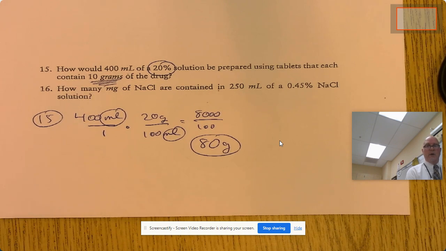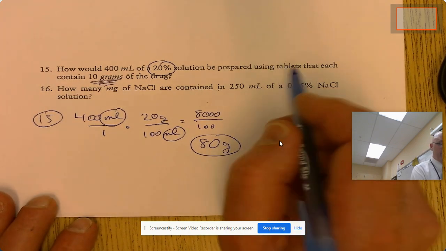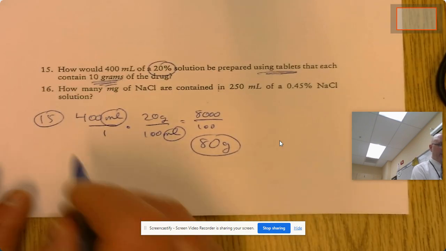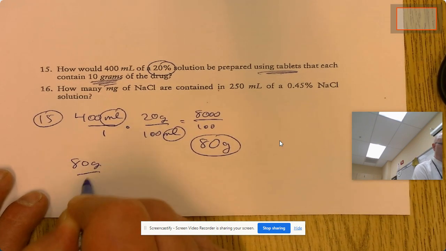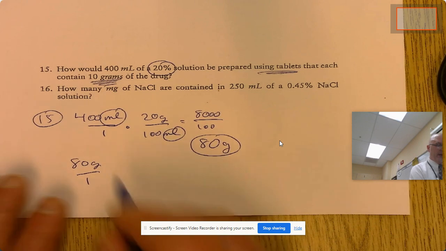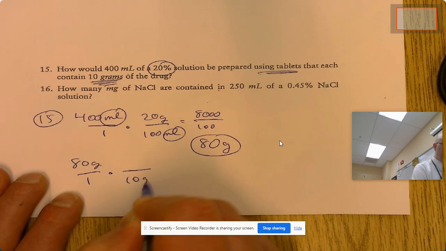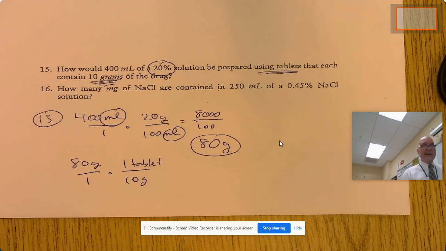Now it says I want to prepare the solution using tablets. So that means my doctor's order in some ways is I have 80 grams. And it says that each tablet is 10 grams. So I'm taking tablets, placing them in liquid so that they become a solution.